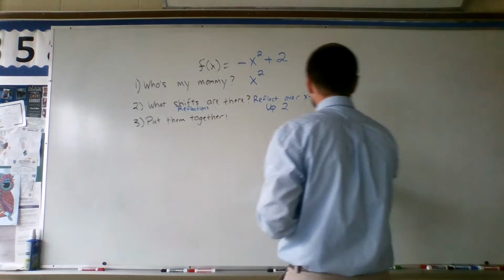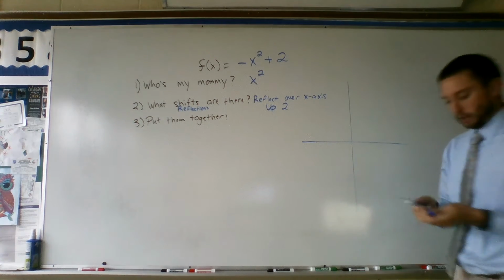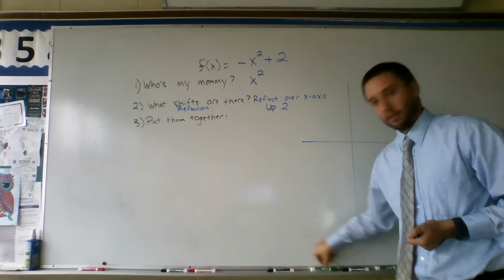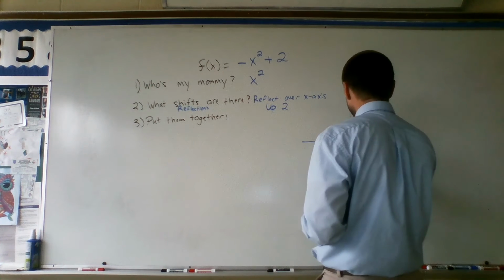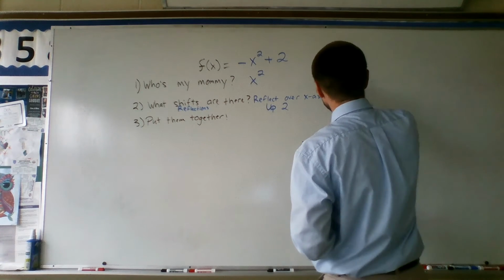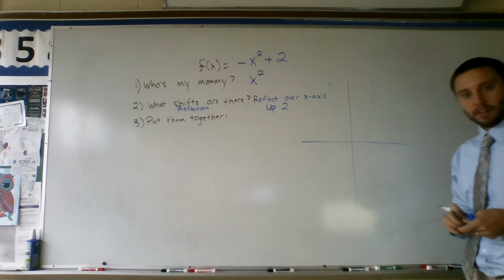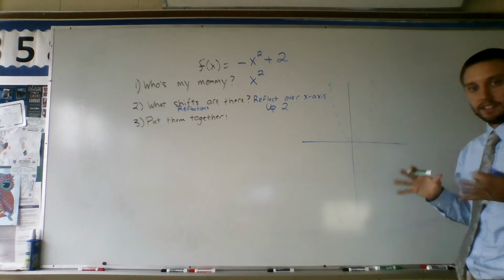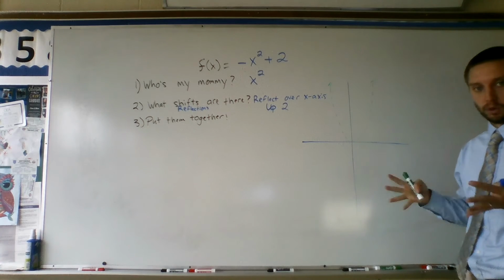Now I just have to take these and draw my graph. I'm going to start by drawing my parent function. It's a huge help to me. I know you guys are smarter than me, but it's a huge help to me if I draw my parent function first. It's in green, which might be a little hard to see, but I just need a nice, maybe dotted line graph to give me something to work with.